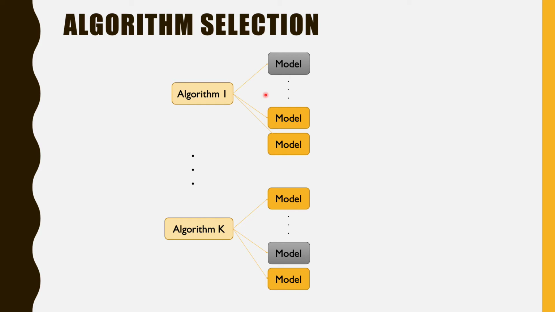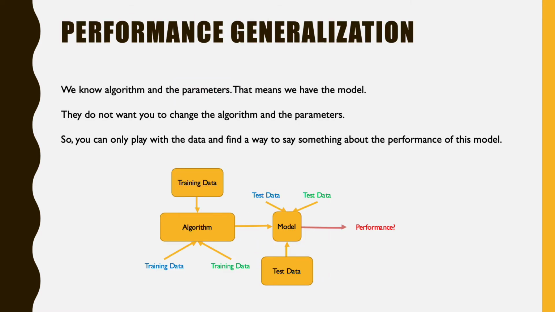But at the end of the day, we will choose one of the algorithms in here by looking at this performance, okay? And the last one is the performance generalization. We know the algorithm and the parameters. That means we have the model.